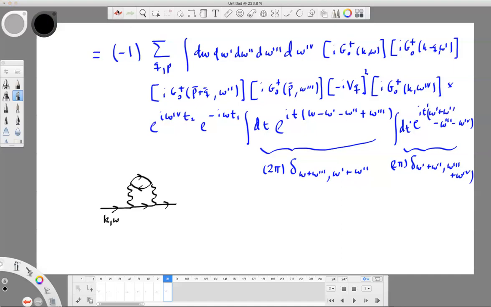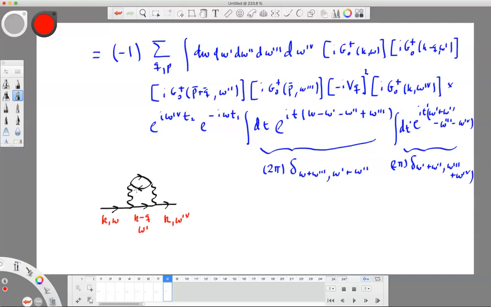Then K minus Q, which is this line here, is going to be accompanied by omega prime. And then the one coming out will be K and omega 4.